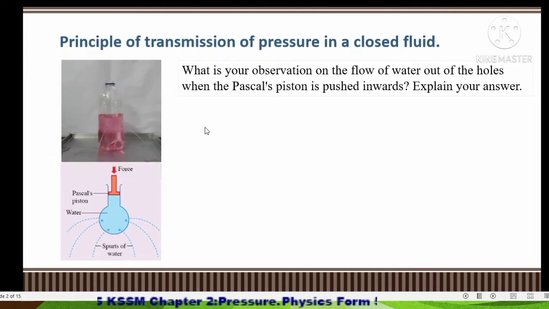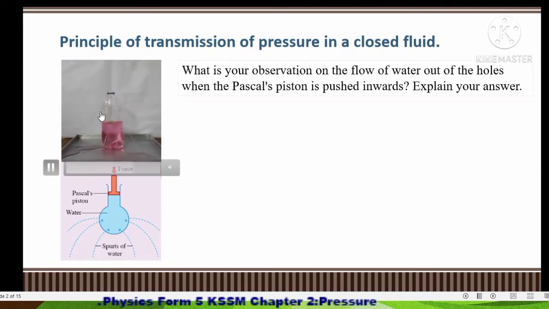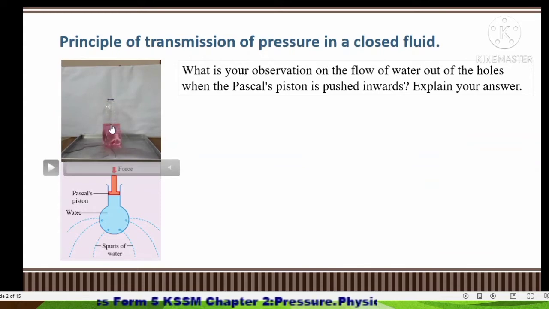I hope you still remember what we have discussed in the topic of liquid pressure. Look at this video. From the opening here, we know that there is atmospheric pressure acting on the surface of water. Why is the water spurting out from the holes here?